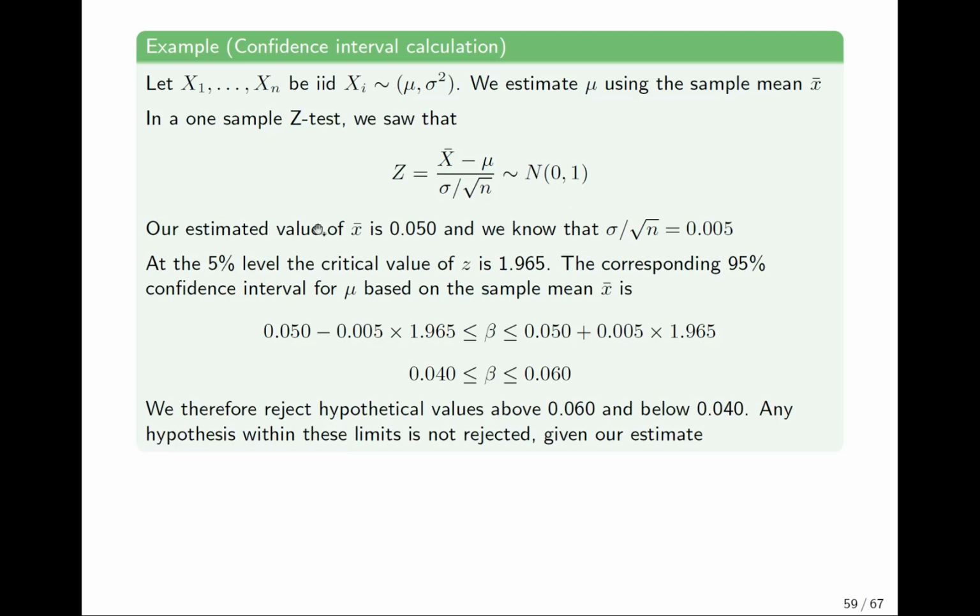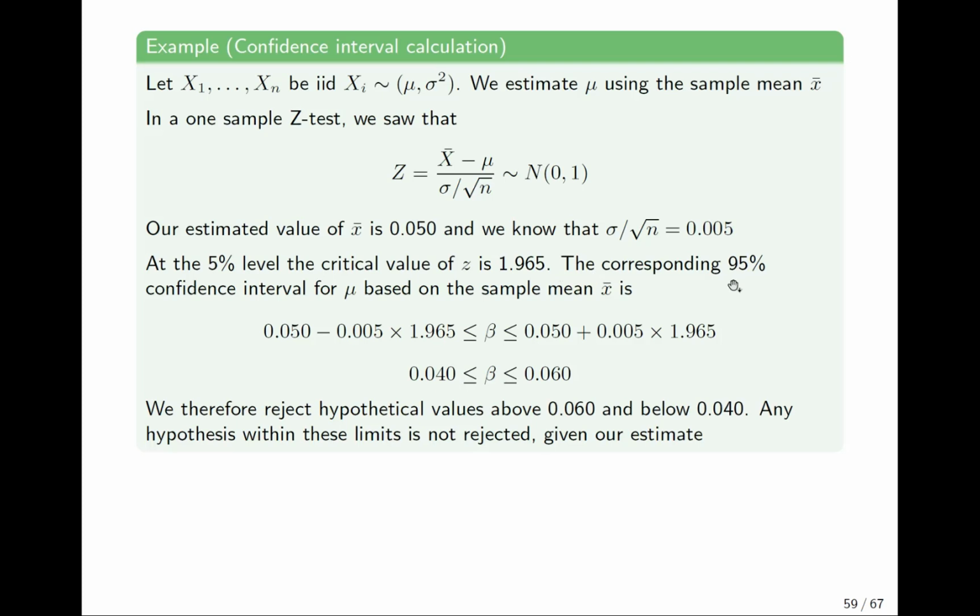So let's say that our estimate is 0.50, and we know sigma because it's a z test. We know that sigma over root n equals 0.05. At the 5% level, the critical value of z is 1.96.